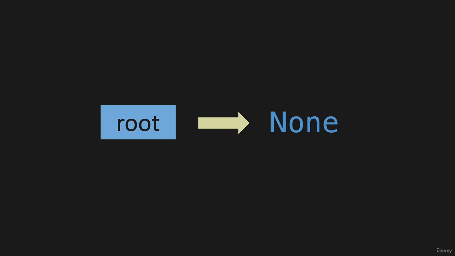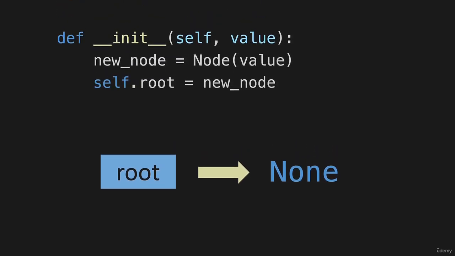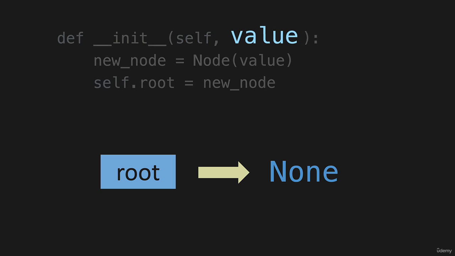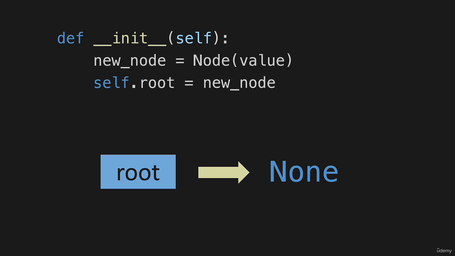So what I'm going to do is bring this code back and change it where it creates an empty tree at the time that we run the constructor. So I'll go through this line by line. In the first line, we pass this a value. The only reason we did that was to create that first node. So now we can remove that.